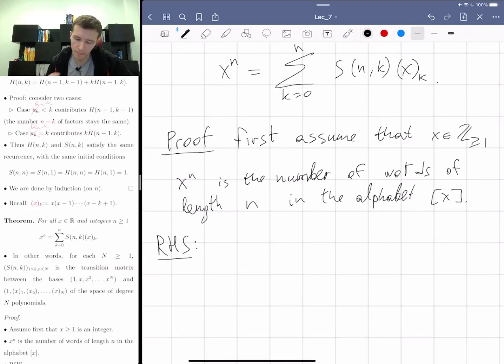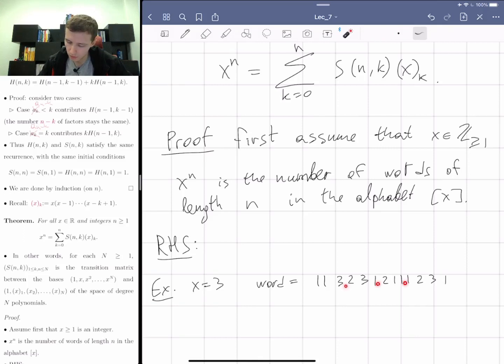So how do we interpret the right-hand side? Let me try some word. Let's say x is equal to 3, and my word is something like 1, 1, 3, 2, 3, 1, 2, 1, 1, 1, 2, 3, 1. So n is 13. If I label these positions 1 through 13, then each letter gives me a set.